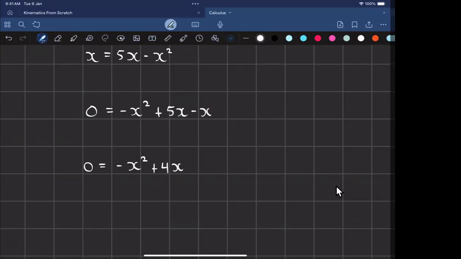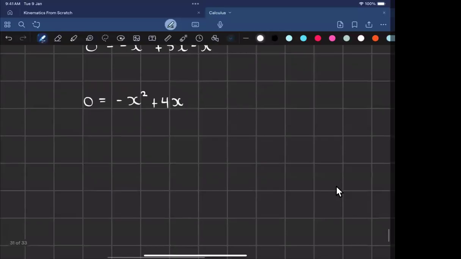All right, where's your next step? You yourself told me when we're dealing with quadratics, what we do. Factorize. Okay, so where's your next step? You pull out what is common. So x is common, so it will be x into minus x plus 4.